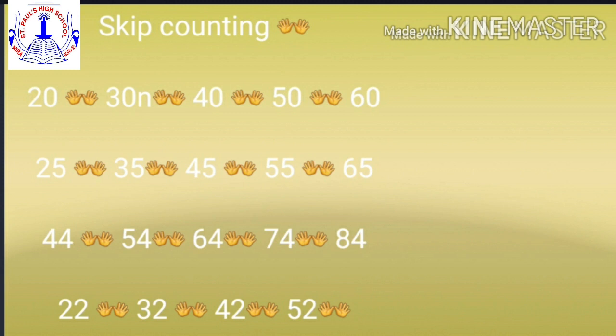So you will write 7 in tens place. Your number will become 74. Then after 74 which number you will write as answer, children? Yes, 84. 4 you will write as it is in the ones place, and after 7 which number comes? 8. So 8 you will write in tens place. Understood, children? Skip counting 10 is easy to count and write the answer.